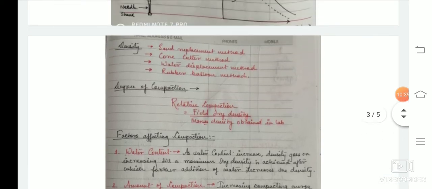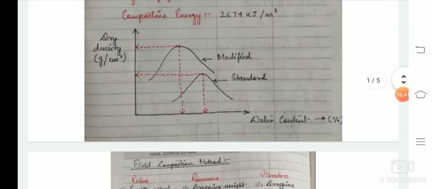It can be easily seen by the laboratory experiment that as the water content is increased, the compacted density goes on increasing till a maximum dry density is achieved, after which further addition of water decreases the density. If we go to this curve, we can see that as the water content increases, the density value goes on increasing till the maximum dry density is achieved.